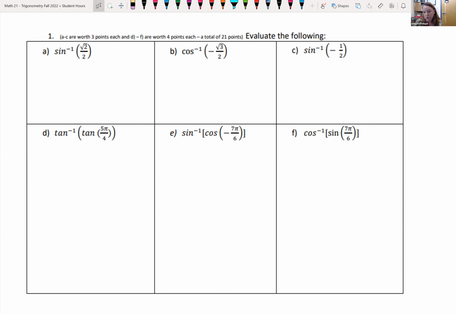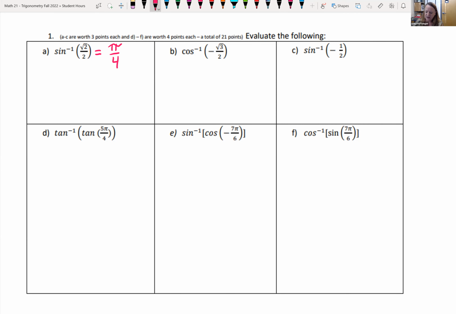Our output, I'm sorry, is between negative pi halves and pi halves. So I have sine inverse of root 2 over 2. I notice that it's positive, so it's falling between 0 and pi halves. Thinking to yourself, what angle whose sine gives me back root 2 over 2, which is in quadrant 1, and that is pi fourths.